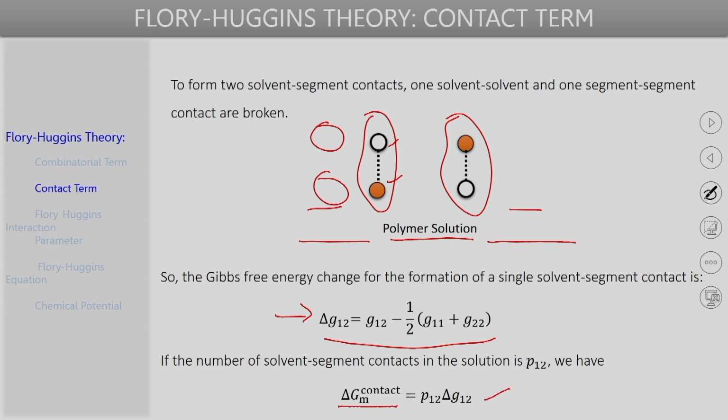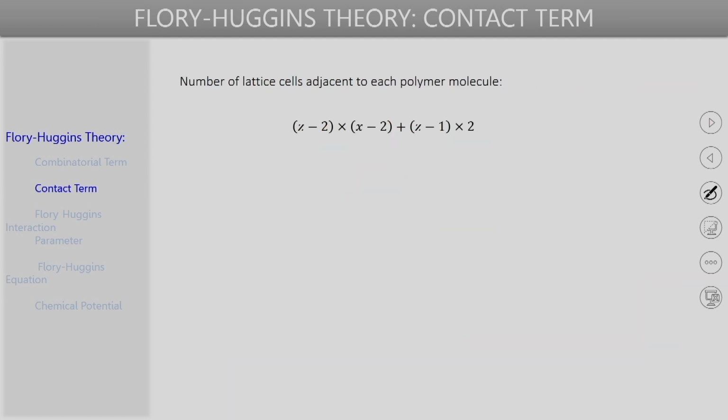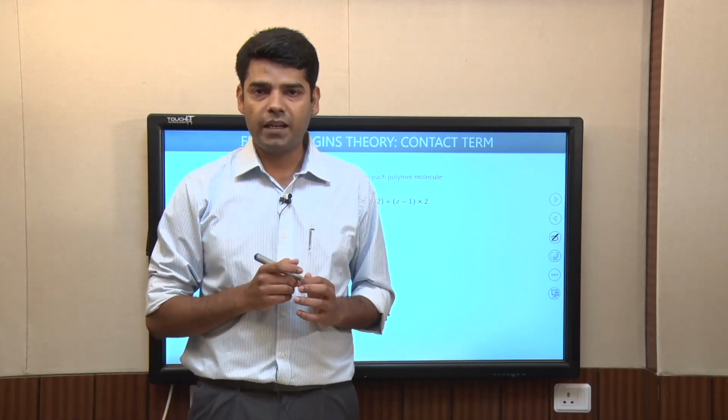Now, let us see if we can come up with an expression for this quantity P12, which is the total number of segment-solvent contacts in our polymer solution. For that, let us start by focusing on a given polymer chain in our lattice.